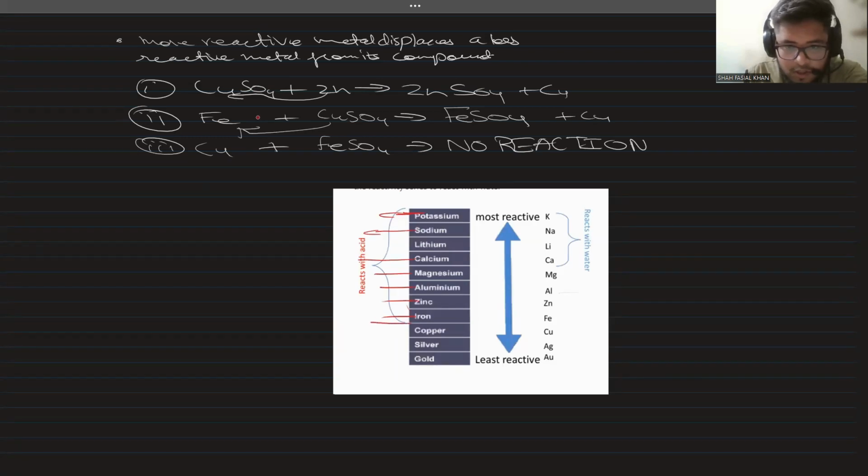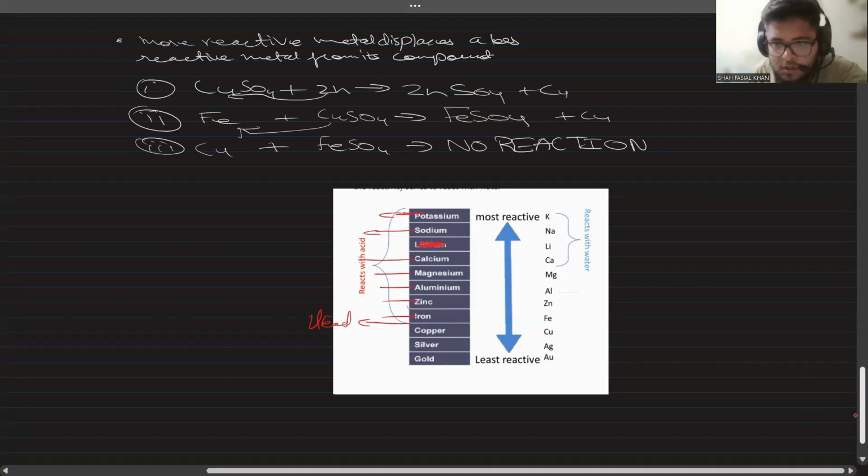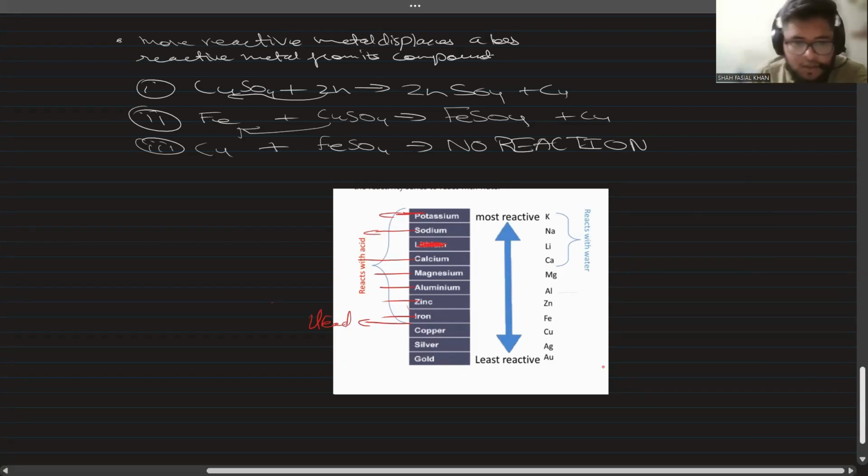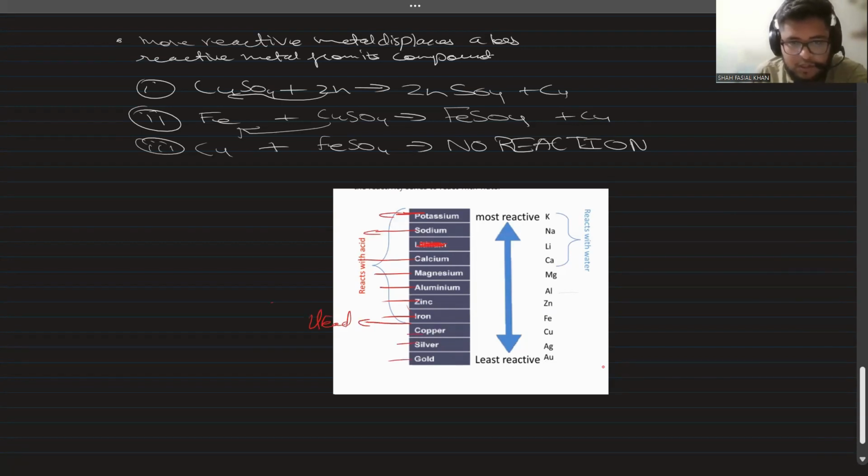After iron, lead comes, and lead is not written here. I think lithium doesn't come in our syllabus. So in between, lead comes, then copper, silver, and gold. Only lead is missing from here, and lithium is added over here.